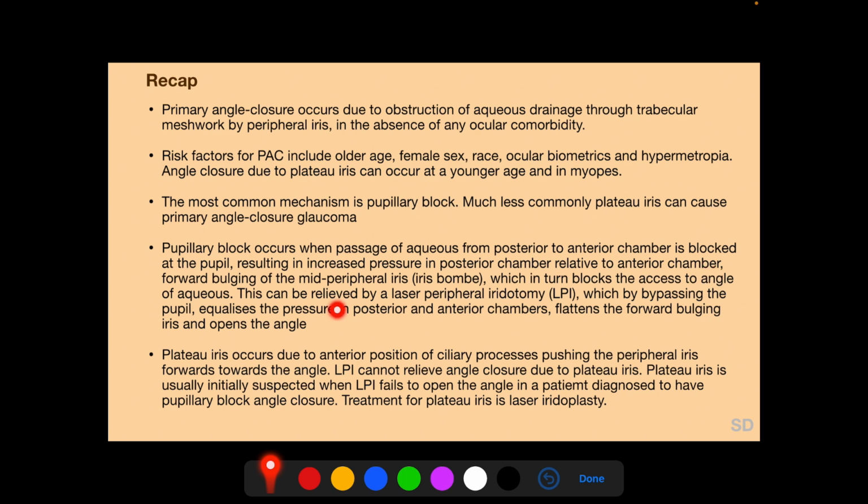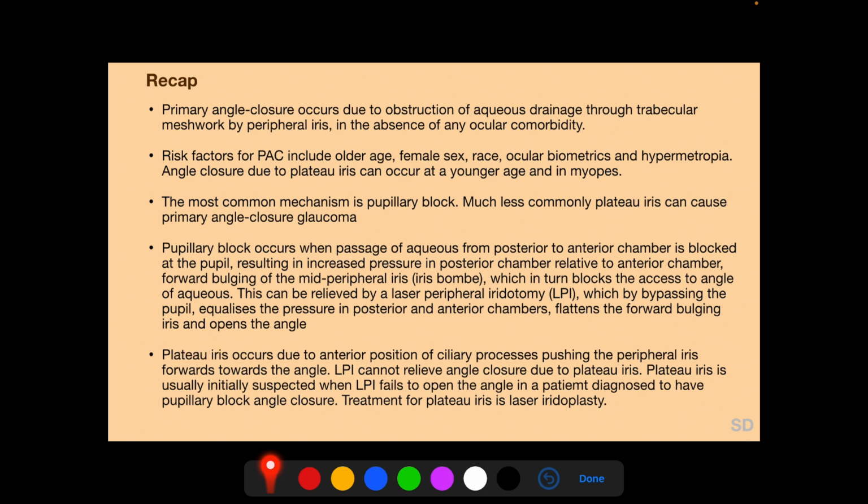This can be relieved by a laser peripheral iridotomy or LPI, which by bypassing the pupil equalizes the pressure in the posterior and anterior chambers, flattening the forward bulge of the iris and opening the angle.